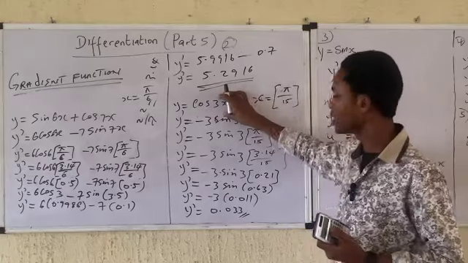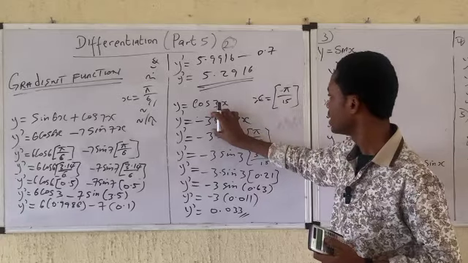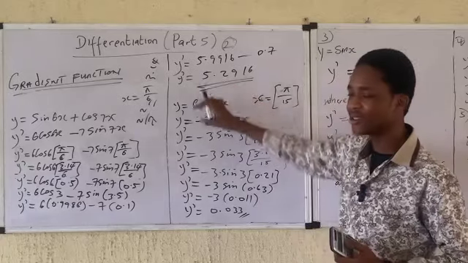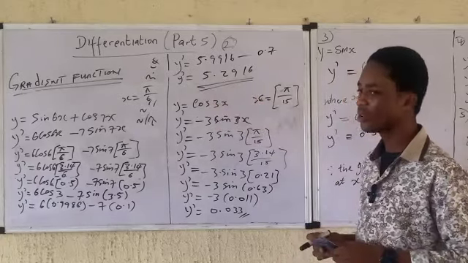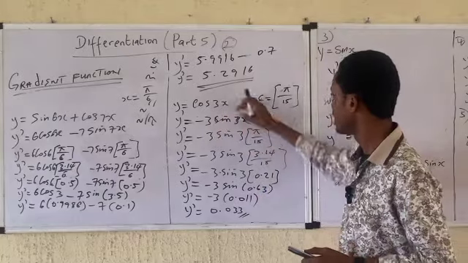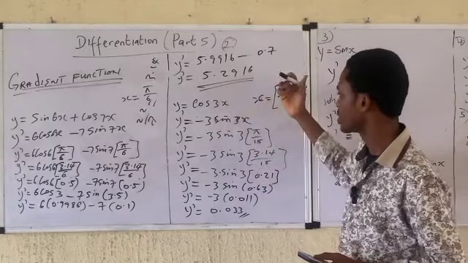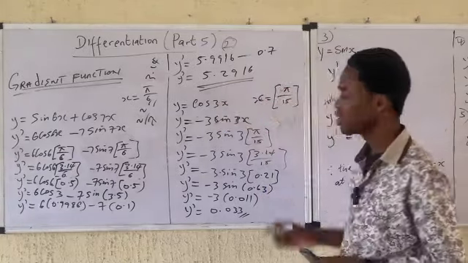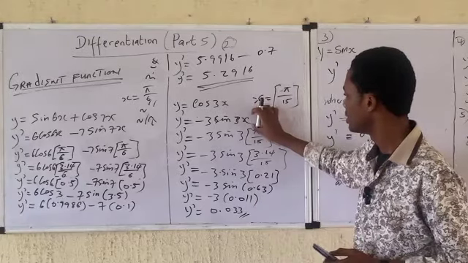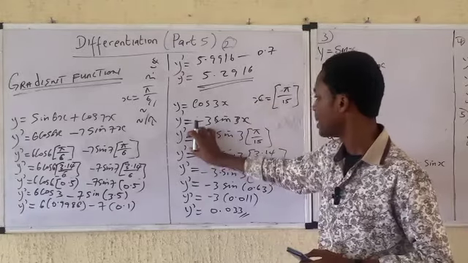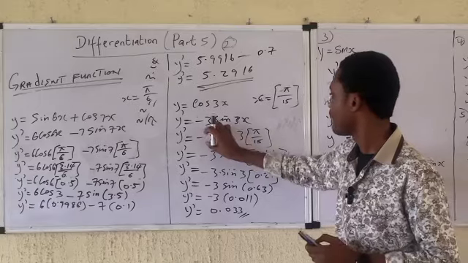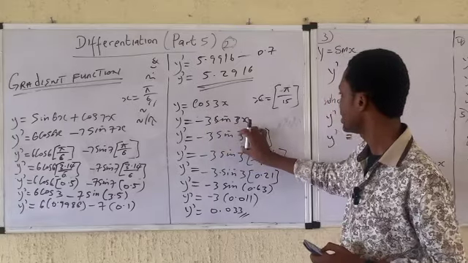First, remember we differentiate our 3x, which gives us 3. Differentiating the trig, which is cos, will give us a negative sign. Now we write what is differentiated, leading to minus 3 sin 3x. Y prime equals minus 3 sin 3x.